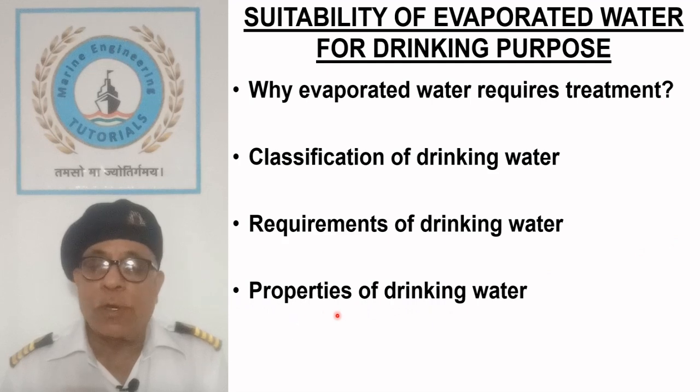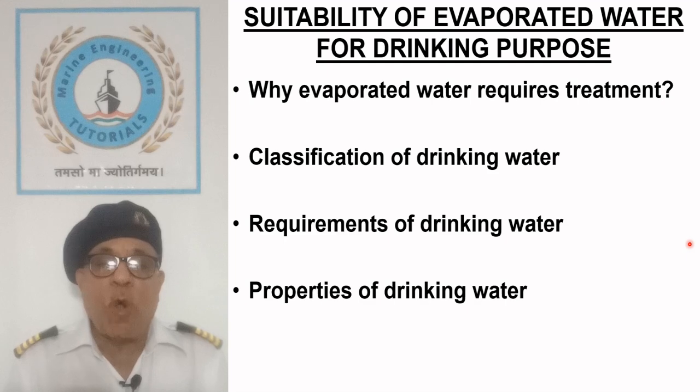Properties of drinking water. Properties of drinking water are split in three categories of essential, desirable, and undesirable.